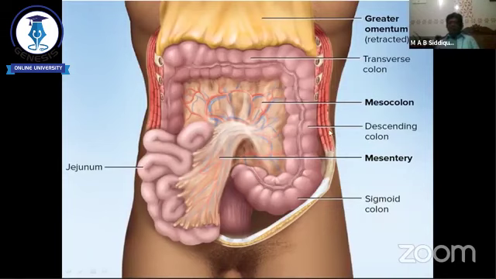The ileum may rotate around the sigmoid colon, and also the sigmoid colon around the ileum. So if the ileum around the sigmoid colon produces the volvulus, this is called compound volvulus. And if it happens, then the cecum may become gangrenous, or the ileum may become gangrenous, or both may become gangrenous. This is called compound volvulus.